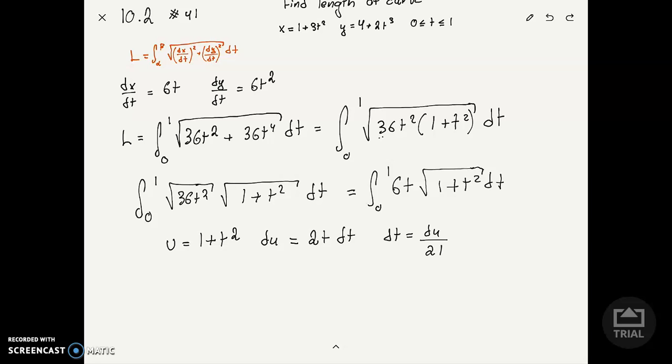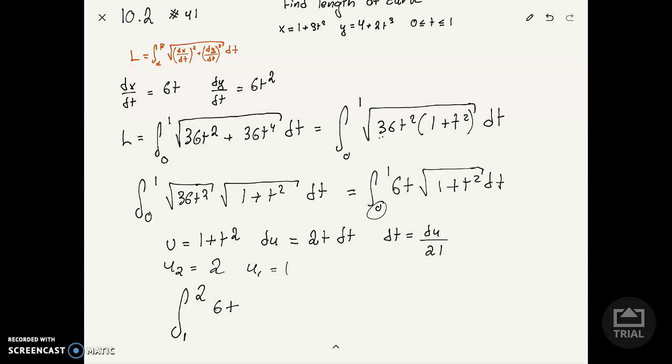When doing a u sub, unless you want to plug in the expression for u at the end, you do want to change the limits of integration. Let's just call them u1 and u2. For u2, when I plug in 1, we get 2, and for u1, when I plug in 0, we get 1. So this integral is now going from 1 to 2 instead of 0 to 1. So what did we have?